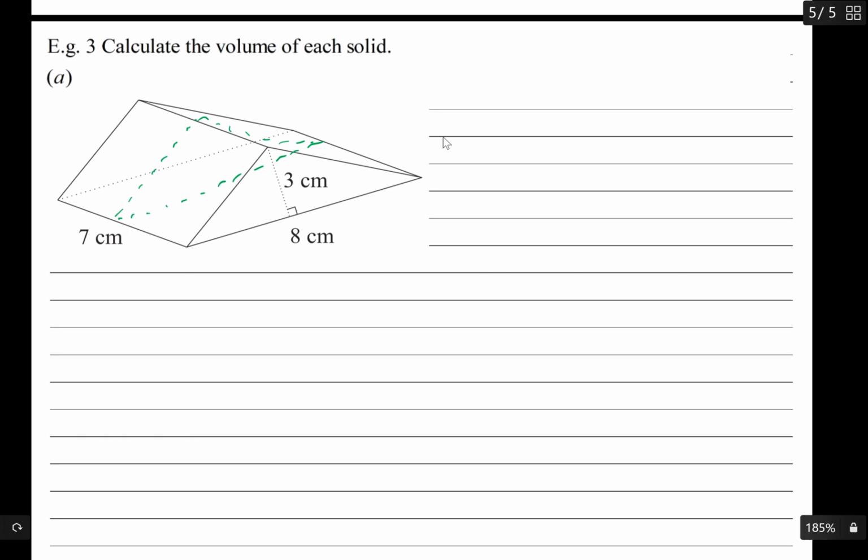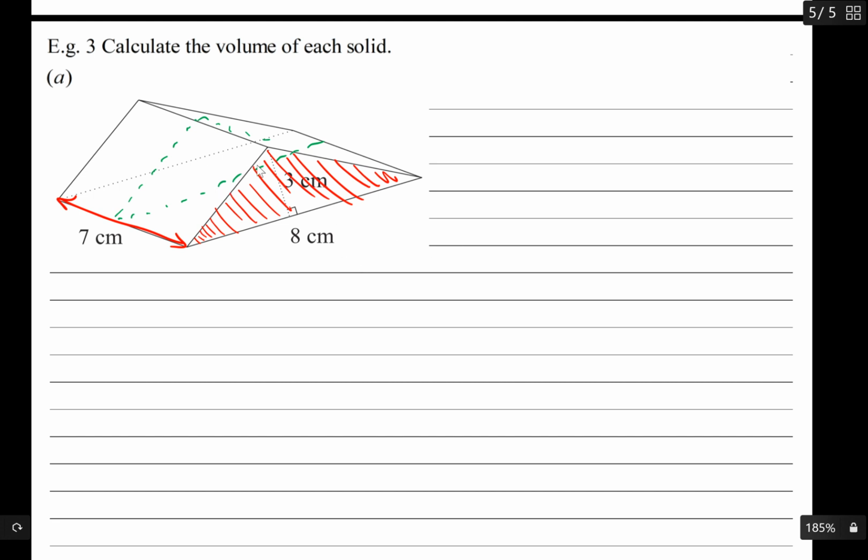So what we want to do is get the area of this triangle and multiply it through by the height, and that's going to be it. The main thing to consider is that the cross-sectional area multiplied by the height, or in this case the depth, will give us the volume.